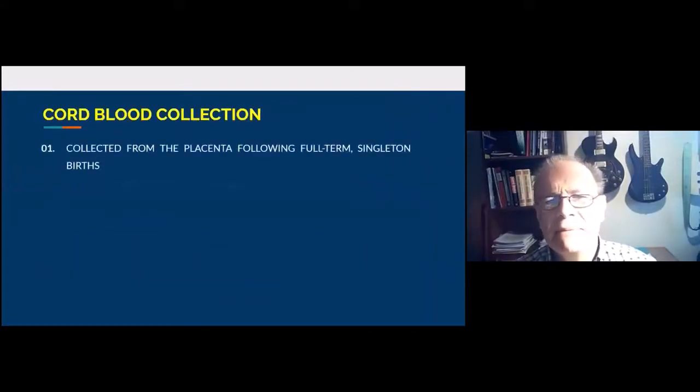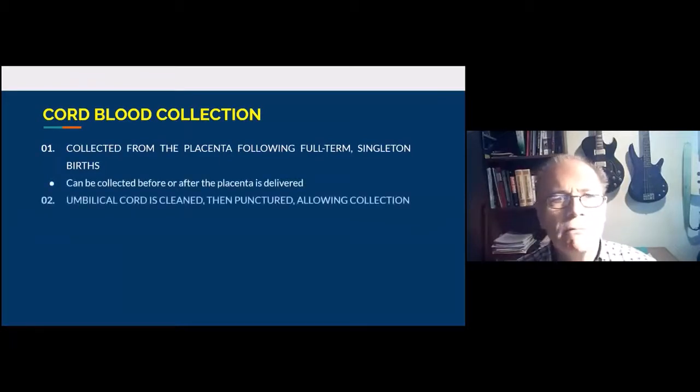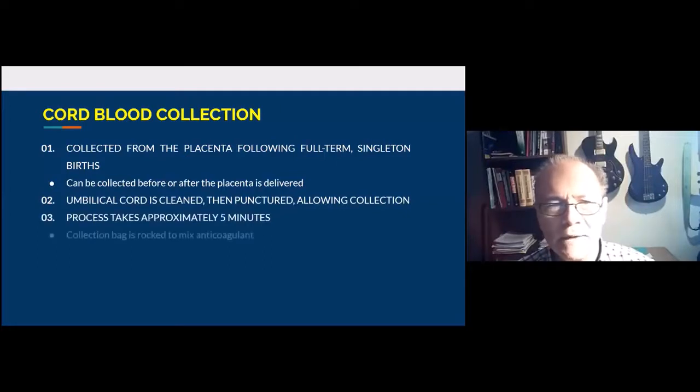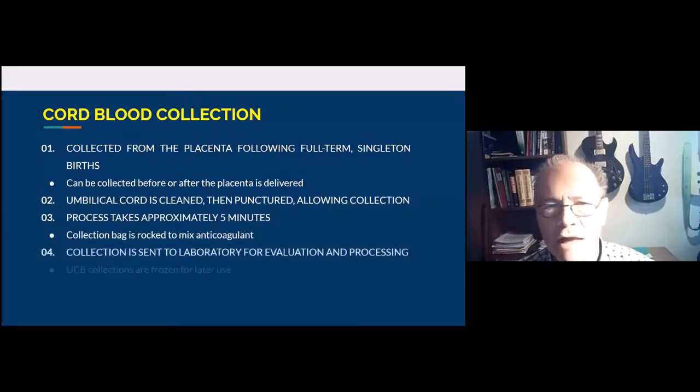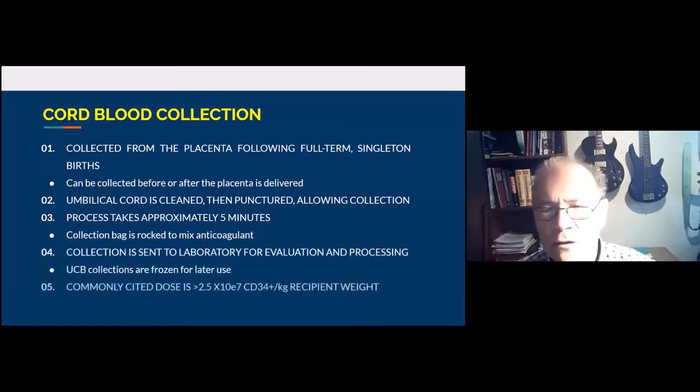Collected from the placenta following a full-term singleton birth, the cord blood can be collected before or after the placenta is delivered. The umbilical cord is cleaned and then punctured, allowing collection. The process takes approximately 5 to 7 minutes. The collection bag is rotated to mix anticoagulant to prevent clots.